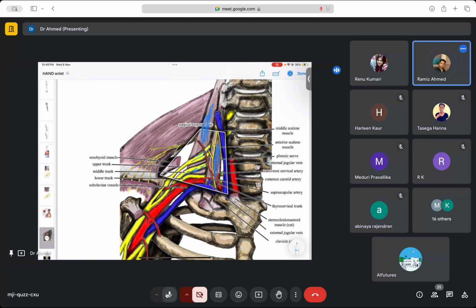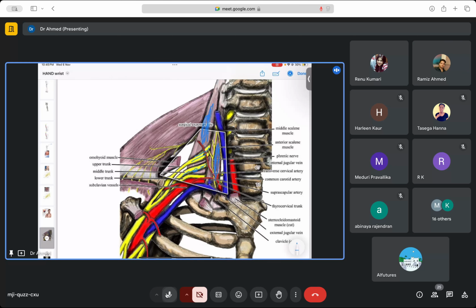So for example, if someone has that cervical rib, that extra small rib, it can compress these nerves, and as a result it can damage the brachial plexus. And which part of the plexus is going to be affected? The lower plexus.